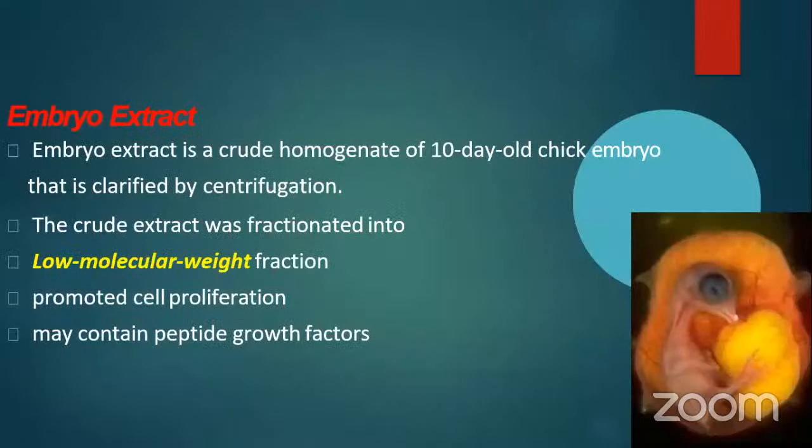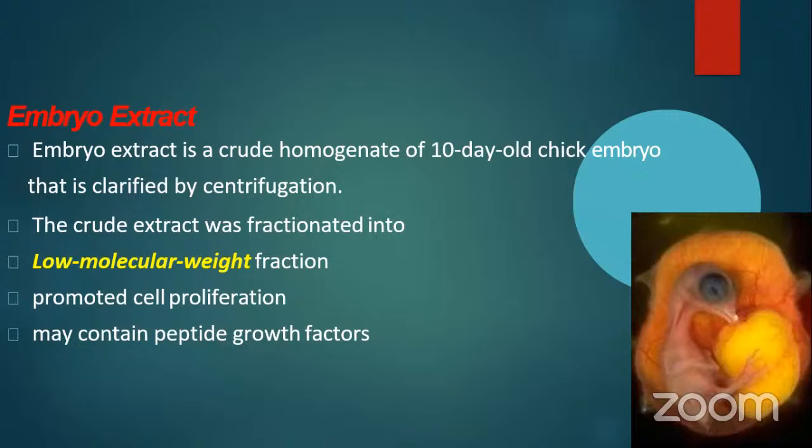Like you can take embryo extract. It is a crude homogenate of 10-day chick embryo. They isolate the 10-day-old chick embryo and mash it; a homogenate is prepared and then centrifuged. This crude extract can be fractionated into a low molecular weight fraction, and this can be directly used as a media.